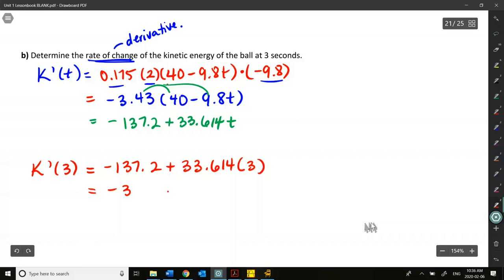We should get negative 36.358-ish joules. There's a little bit more though, not just joules. This is the rate of change of kinetic energy with respect to time, so joules per second.